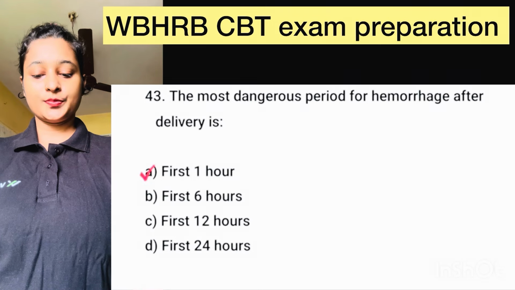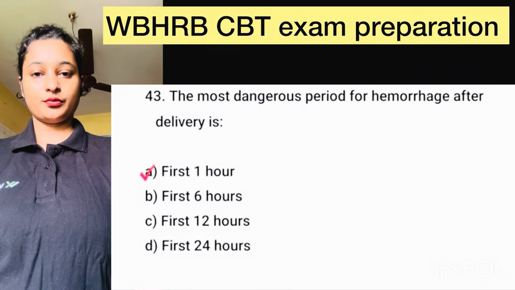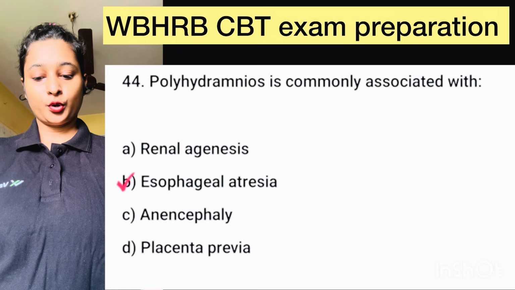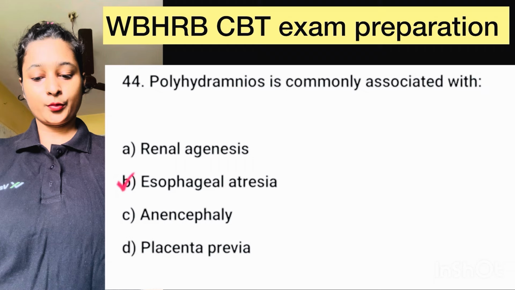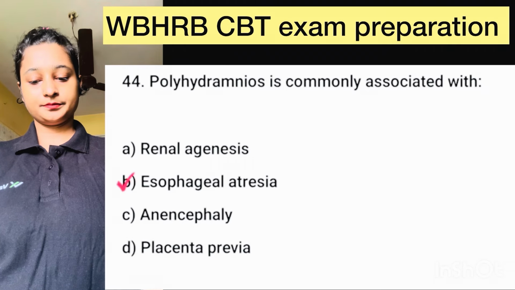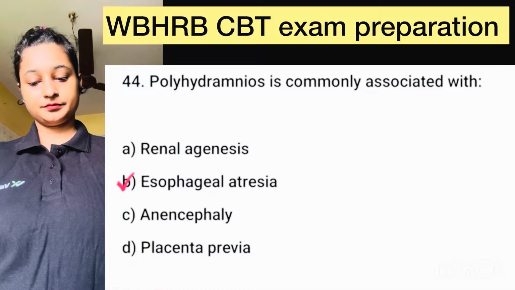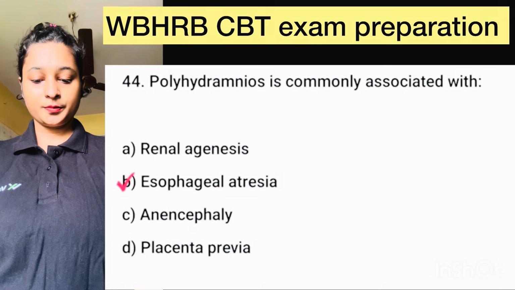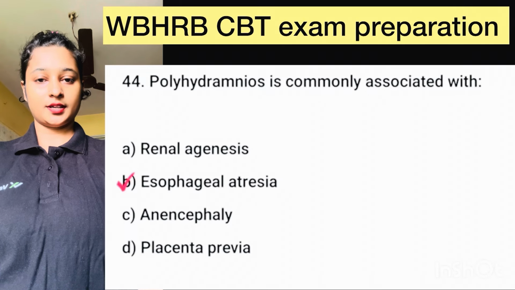Here correct option is option A, first 1 hour. Question number 44. Polyhydramnios is commonly associated with. Here correct option is option B, esophageal atresia.